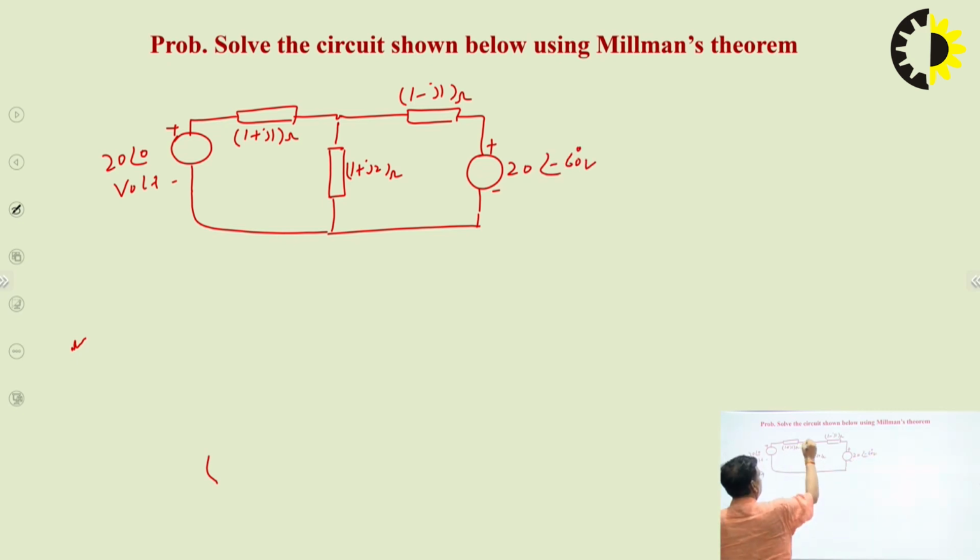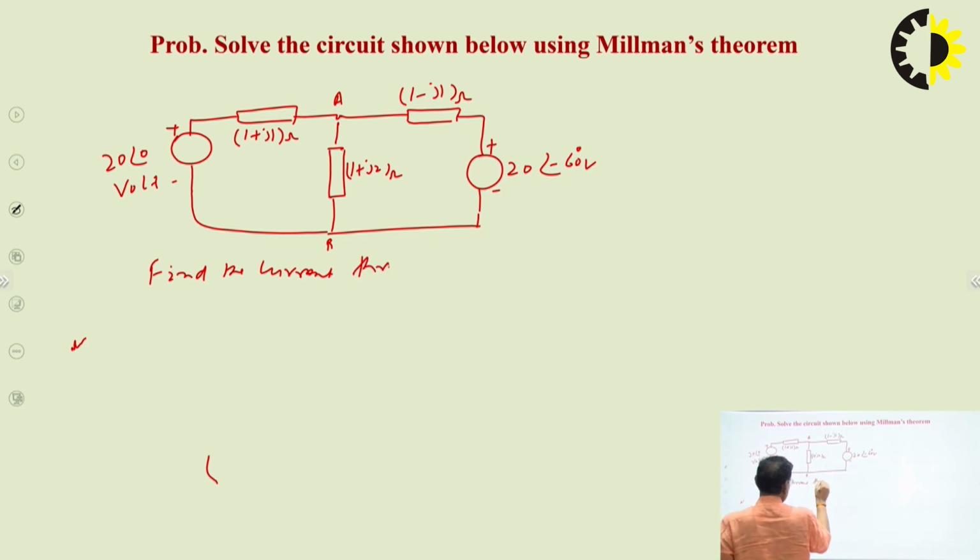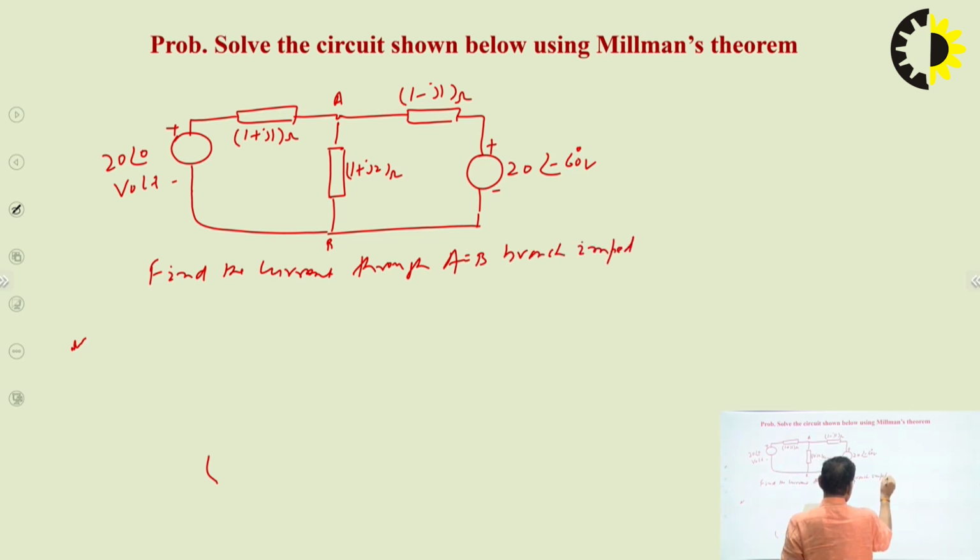This is the terminal of the network, A and B. So, find the current through the AB branch impedance, say 1 plus J2 ohm.